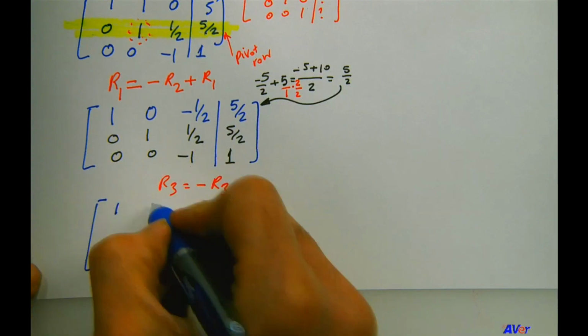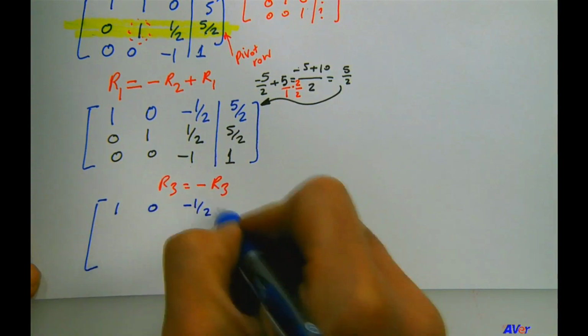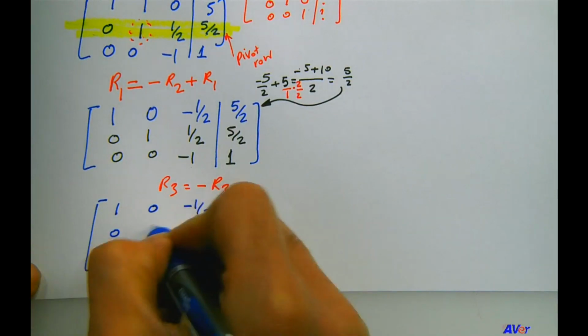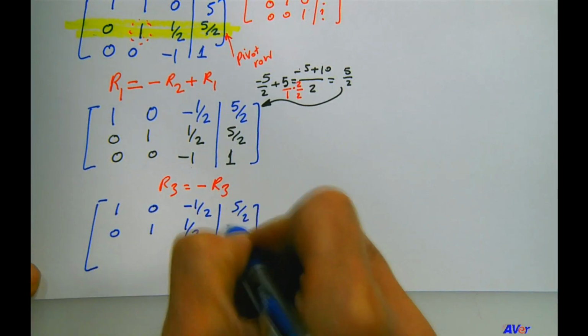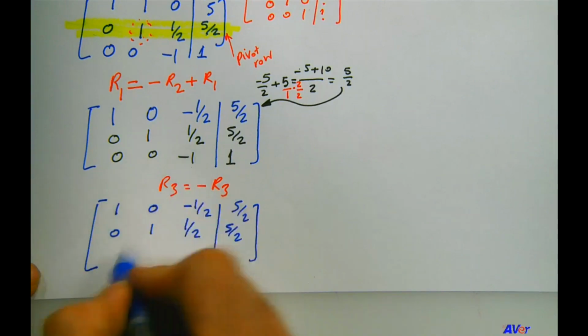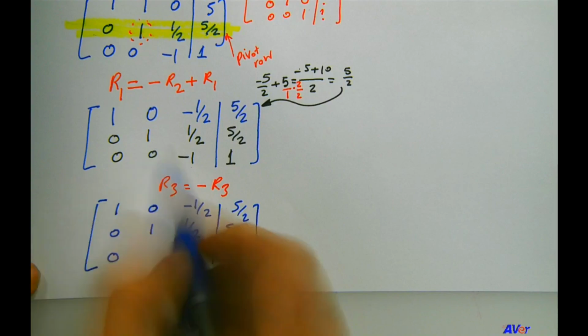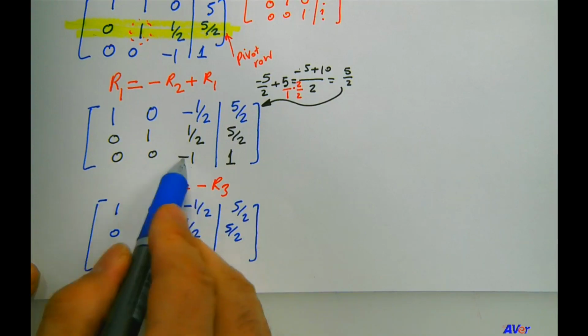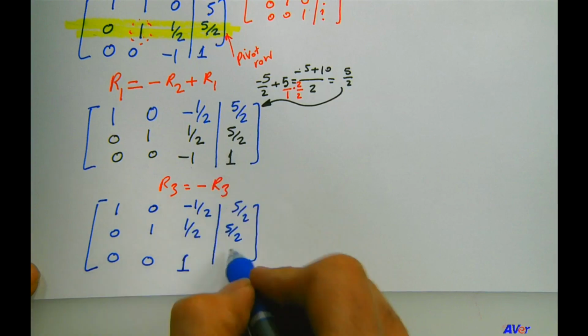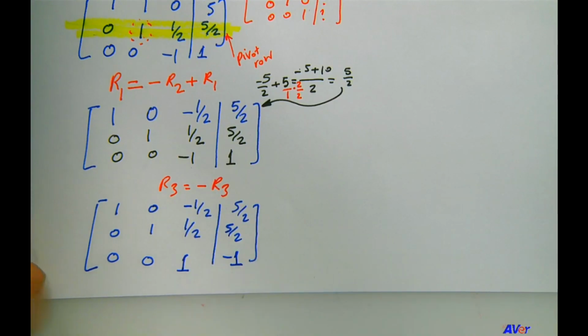Let's write them down as they are. Minus 1 times 0 is 0. Minus 1 times 0 is 0. Minus 1 times minus 1, positive 1. Minus 1 times that 1, minus 1. Okay?